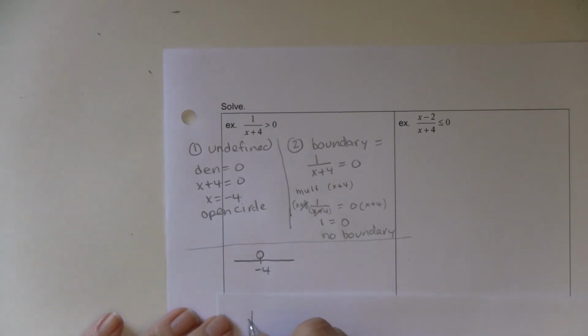And so I'm going to test x equals -5 in the original, which was 1 over x plus 4 is greater than 0. So I'm plugging in -5. So this is 1 over -5 plus 4 is greater than 0. So this is 1 over -1 is greater than 0.